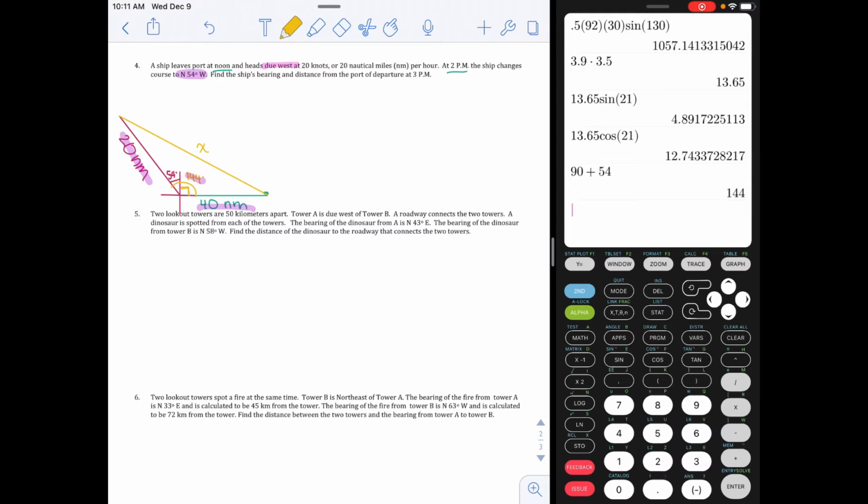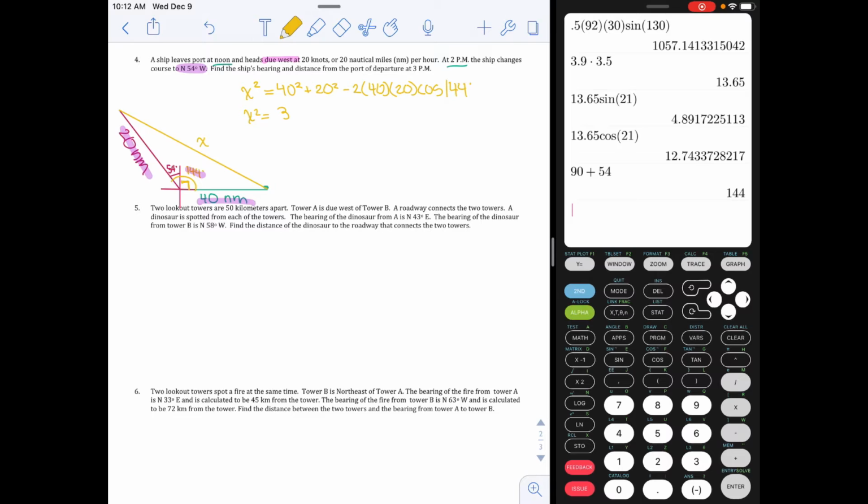Okay, so setting it up, I need to know x side. So x squared equals 40 squared plus 20 squared minus 2 times 40 times 20 times cosine of the degree, which was 144 degrees. Plugging this guy in, double check, again, type this all in all at once.